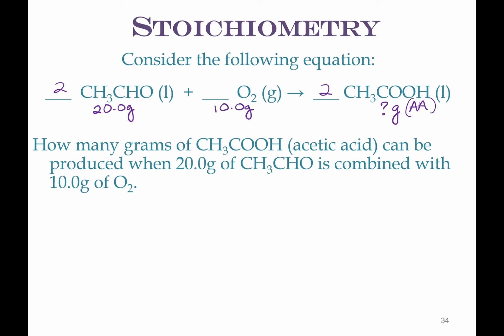So what type of problem is this? We're given information about 2 different reactants and we're asked about a product. So this is a limiting reactant problem. What that means is we need to do 2 mass to mass problems, meaning we start with the mass of one compound and go to the mass of the product, or the mass of wherever the question mark is.